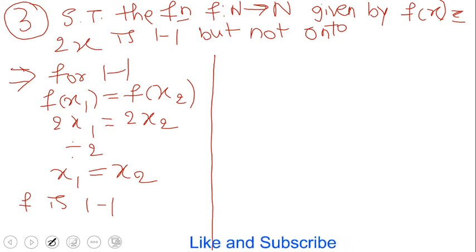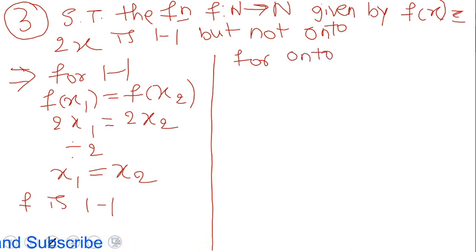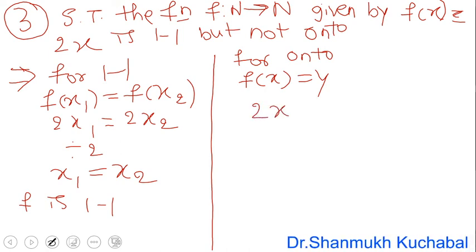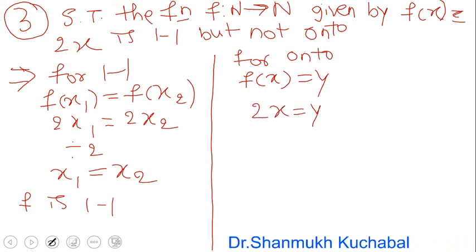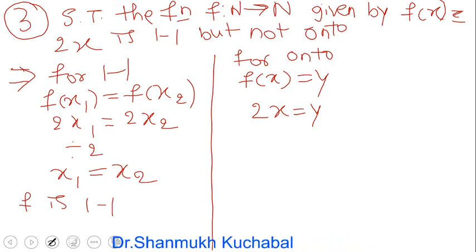Then we'll verify for onto. For onto, I'm going to take the given function f of x equal to y. So given f of x is 2x and on the RHS y. Now after taking this, we have to write the solution for x and verify whether it belongs to the given set.